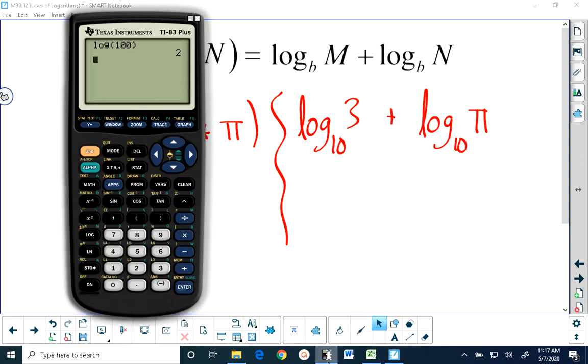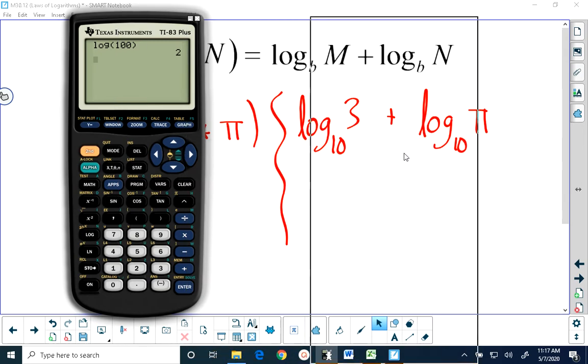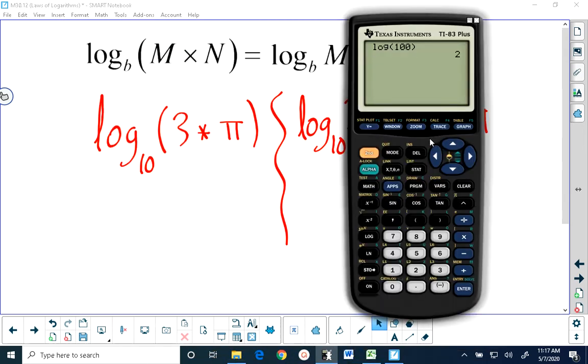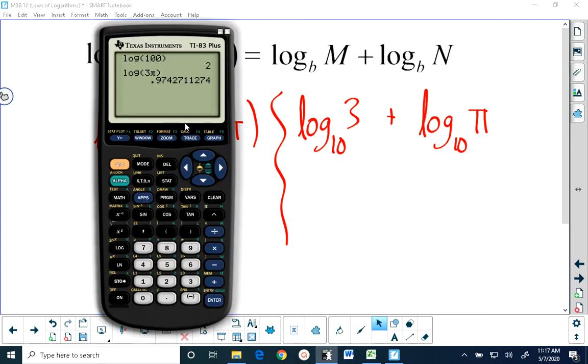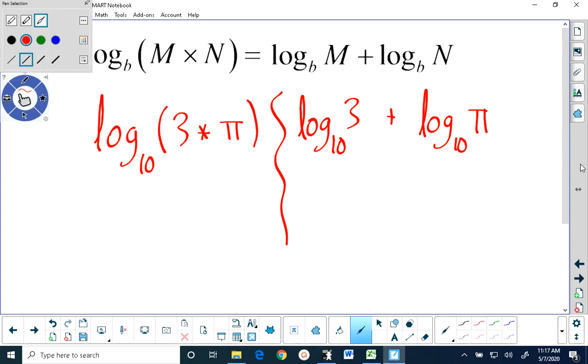What the product law is telling you is you are going to get the same answer. So if I take the logarithm of 3 multiplied by pi, this is a base 10 logarithm, I get 0.9742711. On the other hand, if I take log base 10 of 3 and close the brackets and add another logarithm, which is log base 10 of pi, I get the exact same answer. So that's what this product law says.